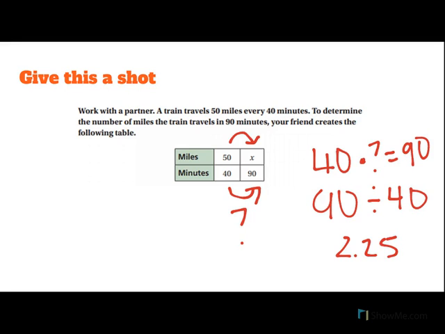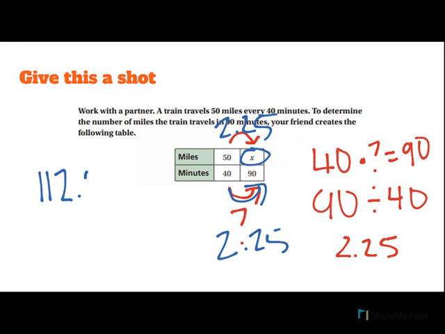What did that mean in our context? That meant to get from here to here, I could multiply by 2.25. So if I do that up top, 50 times 2.25, I end up with 112.5, which would be my answer, or how many miles I traveled in 90 minutes.